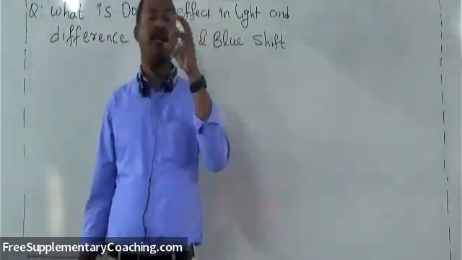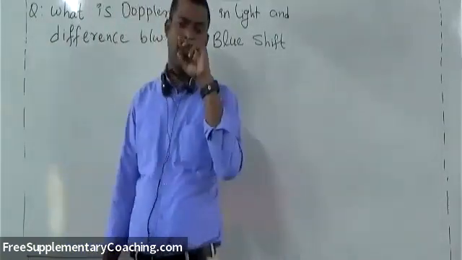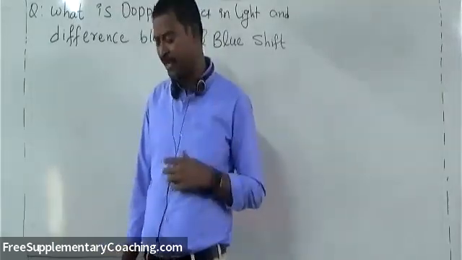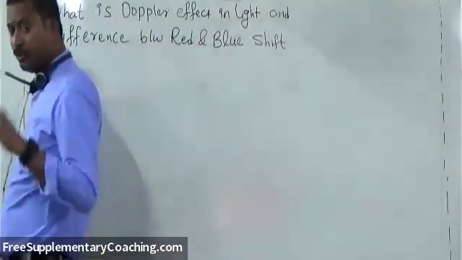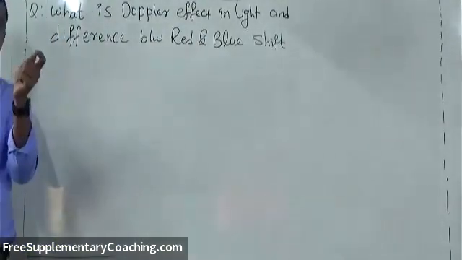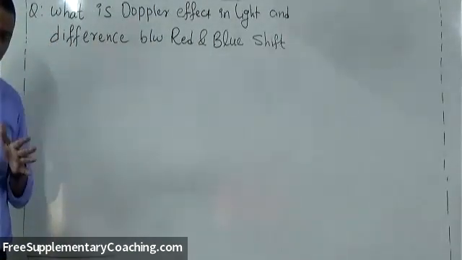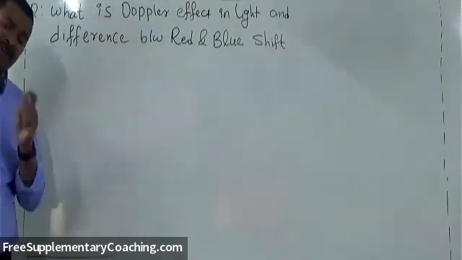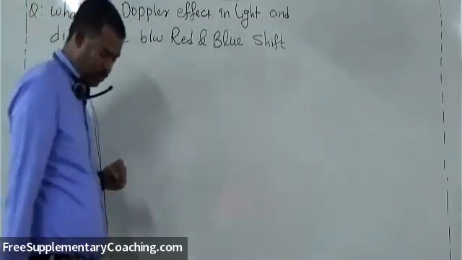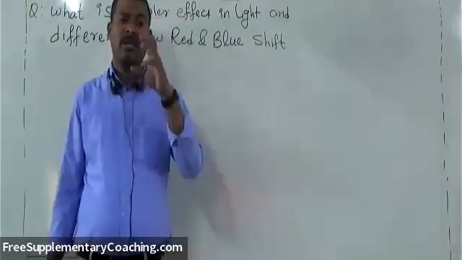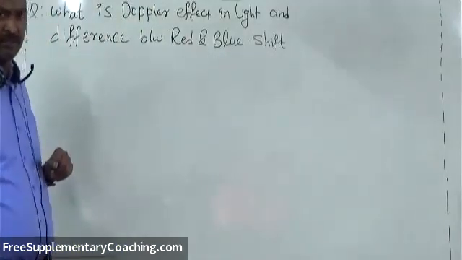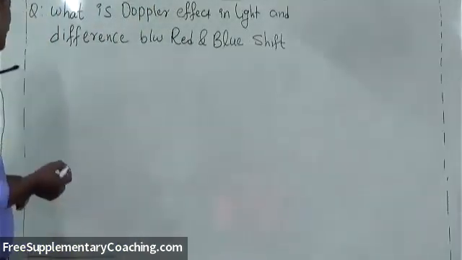Due to the relative motion between observer and source of light, there is a change in frequency or wavelength. This change in frequency or wavelength due to relative motion between observer and source of light is called Doppler effect.